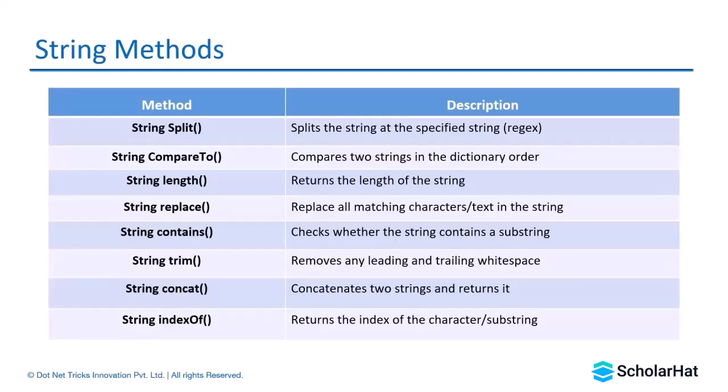We have various methods: splitting the string into subparts, comparing two strings, finding the length of the string, replacing a group of characters in the existing string, checking whether a string contains a specific substring or a character, trimming the string, concatenating two or more strings together, and finding the index within the string. Let's understand in more detail.